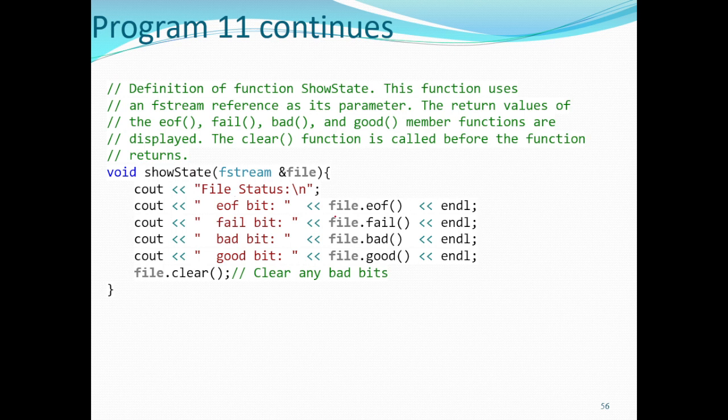In that case, we check if we reached the end of file, if there is an error or failure on the file, if there is a bad operation on the file, if there is a good operation on the file. If the good operation is 1, which means all three of the others are 0.